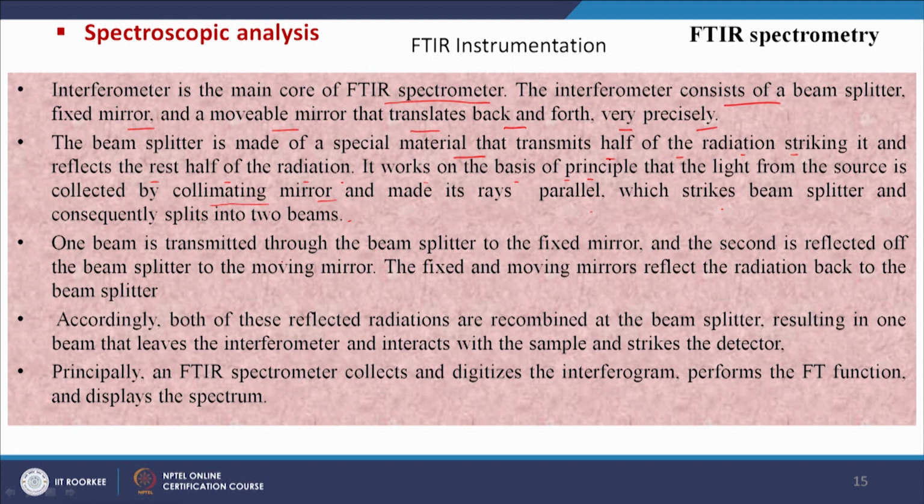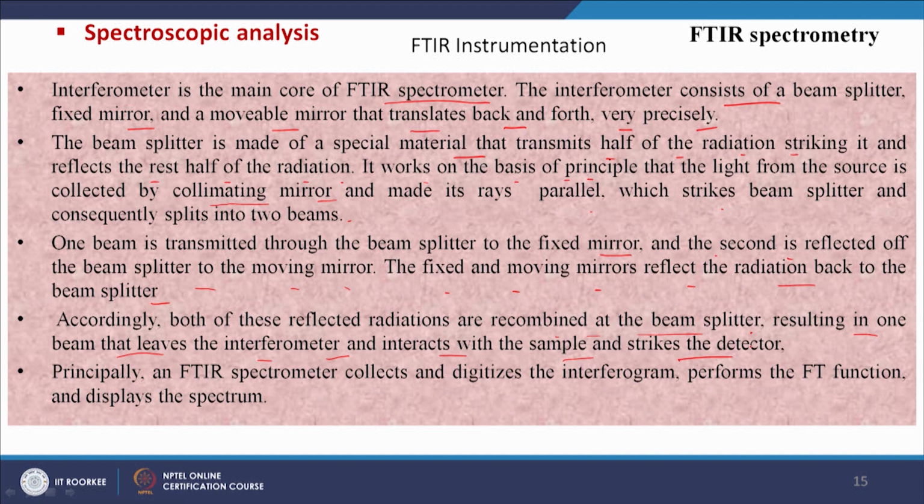One beam is transmitted through the beam splitter to the fixed mirror and the second is deflected off the beam splitter to the moving mirror, and the fixed and moving mirrors reflect the radiation back to the beam splitter. Both of these reflected radiations are recombined at the beam splitter, resulting in one beam that leaves the interferometer, interacts with the sample and strikes the detector.